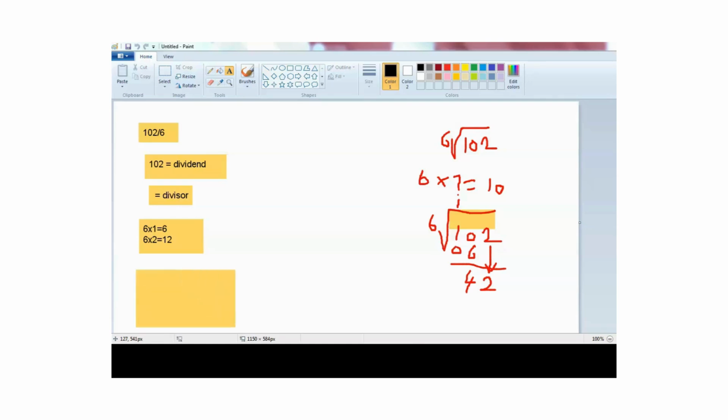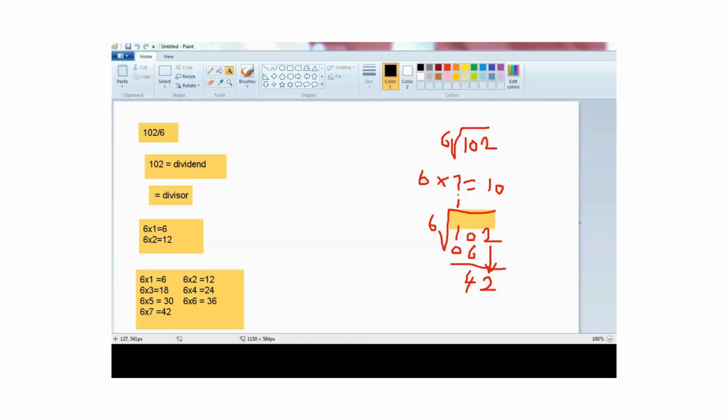I'm going to draw something big here. 6 multiplied by 1 equals 6. 6 multiplied by 2 equals 12. 6 multiplied by 3 equals 18. 6 multiplied by 4 gives 24. 6 multiplied by 5 gives 30. 6 by 6 is 36. 6 by 7, 42. Aha! There we have it.